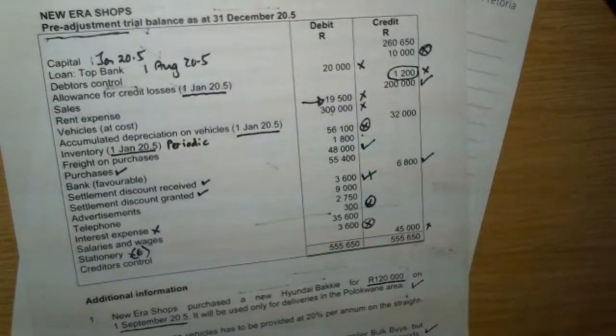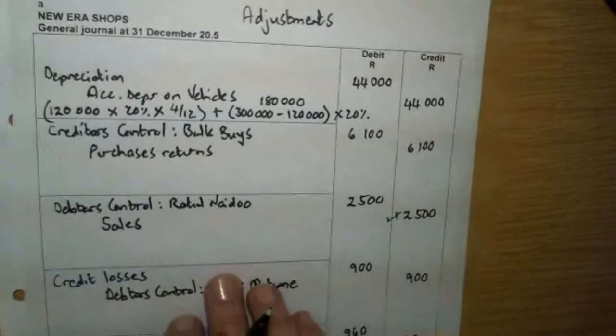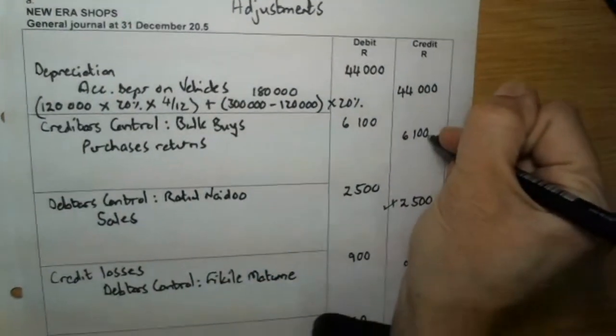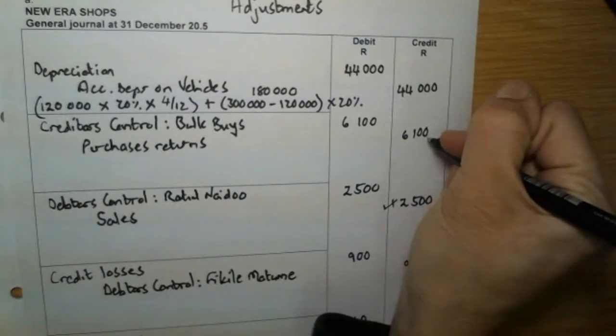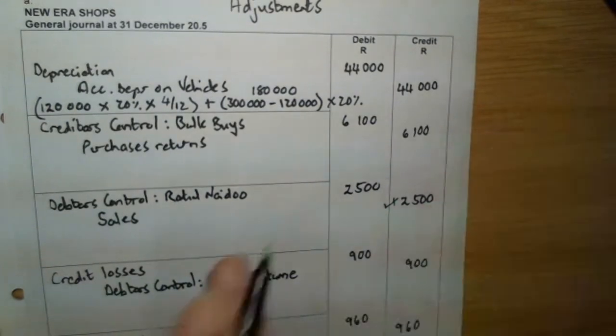So I've got to work with those two amounts, but I must remember that I made various adjustments to those amounts in my journal adjustments. So here I have an amount for purchases returns. So the purchases returns account has a credit balance of 6,100, and that credit balance needs to reduce purchases.